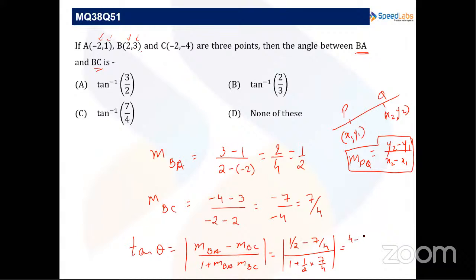Four minus 14 by 8 divided by 8 plus 7 by 8. So that will be minus 10 upon 15. On solving, we will be getting 2 by 3. So the answer is tan inverse 2 by 3.